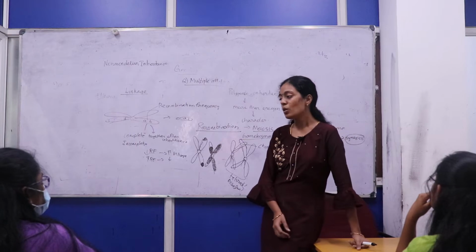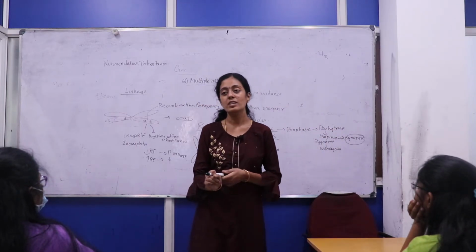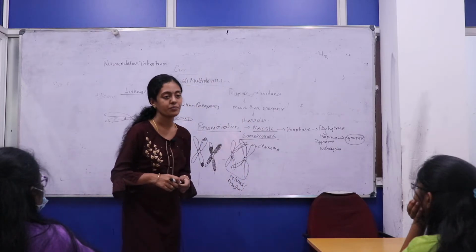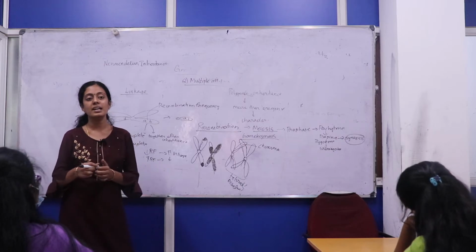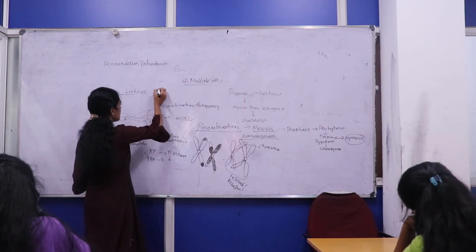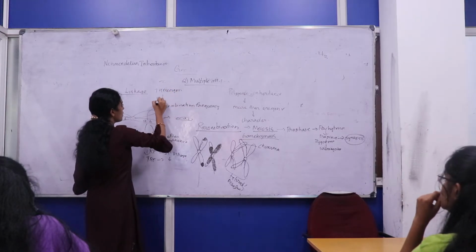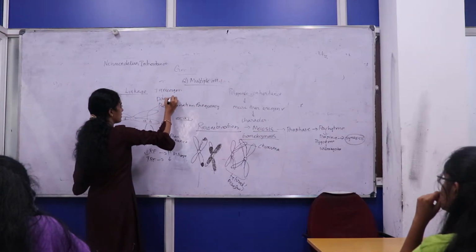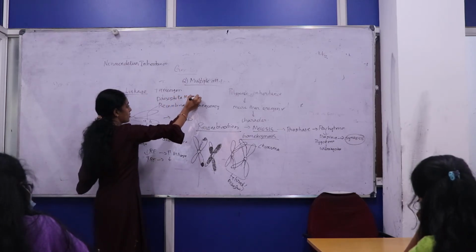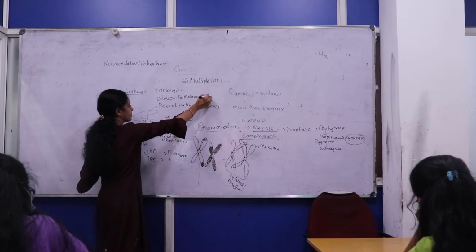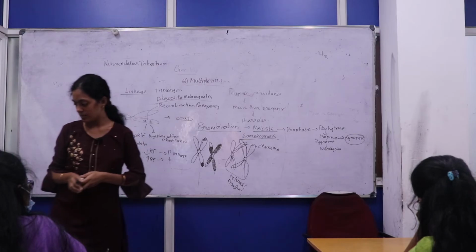Who discovered linkage? Anyone? Which scientist discovered linkage? T.H. Morgan. T.H. Morgan was the one who discovered linkage. He used Drosophila melanogaster for his experiments.